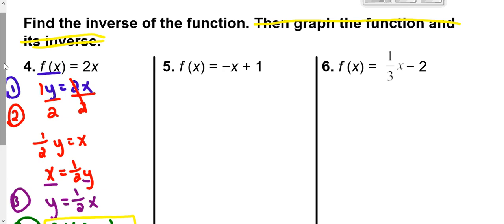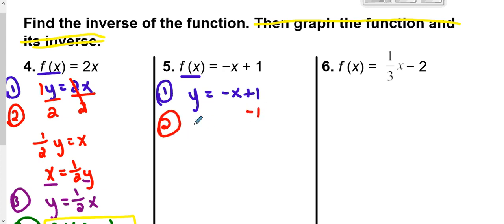So looking at number 5 here. Step 1, change f of x to y. So y equals -x plus 1. Step 2, solve for x. So let's subtract 1 from both sides. We have y minus 1 equals negative x.